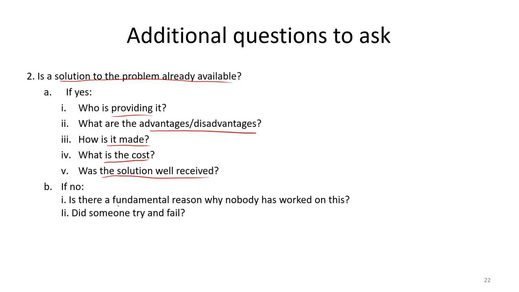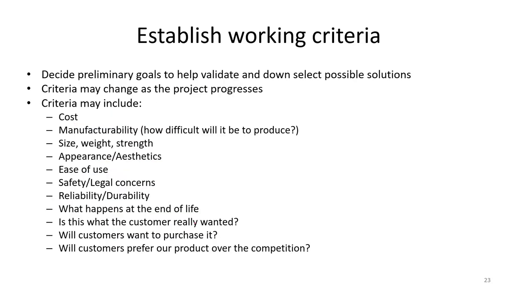A good question to ask is, is there a reason why that solution's not available? Did someone try and fail? Very important to understand, if nobody's done something before, want to make sure there's not some catastrophic reason why.